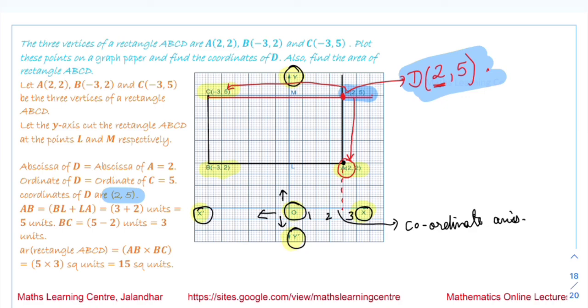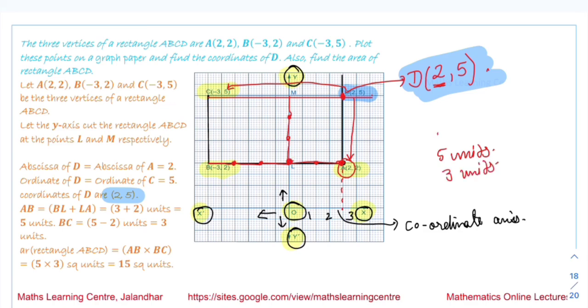Next we have to calculate the area of this rectangle. To calculate the area, we have to measure the sides. So how are we going to measure the side? This is 1 unit, 2 units, 3 units, 4 units and 5 units. So the length of the rectangle is 5 units and the breadth of the rectangle is 1 unit, 2 units and 3 units.